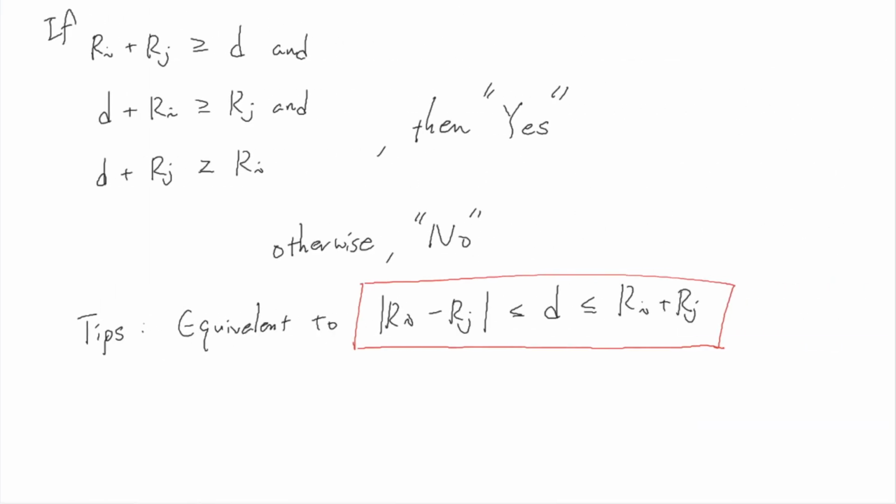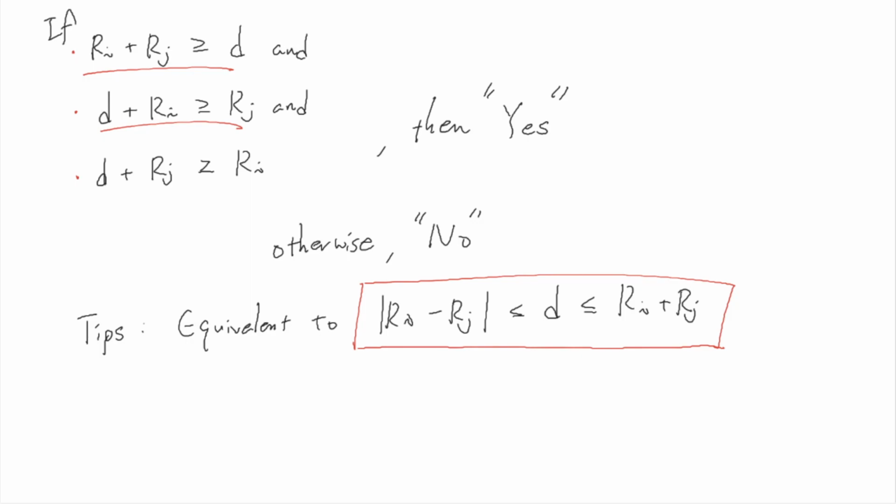So to summarize, the first condition is Ri plus Rj greater than D, and the second condition, as I said earlier, but you have to add this third condition.